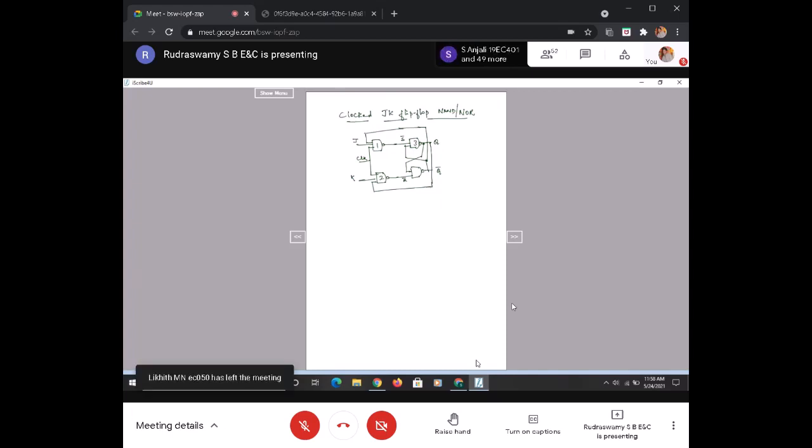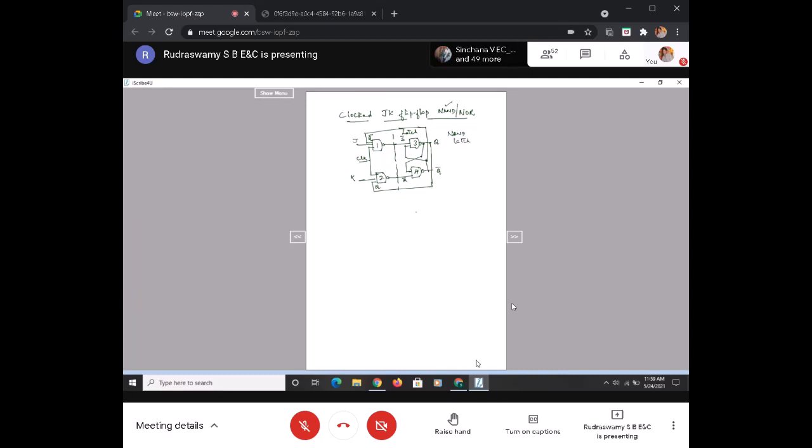This is the Q, this is the Q bar, this is the clock. This is your JK flip flop using the NAND latch, which we constructed based on the SR flip flop.